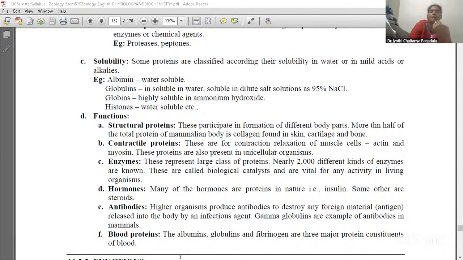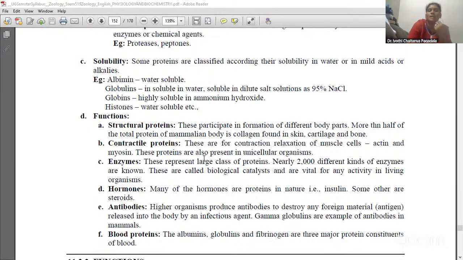antibodies, these are generated from the human body when a foreign material like an antigen, an infectious material, comes into the human body.